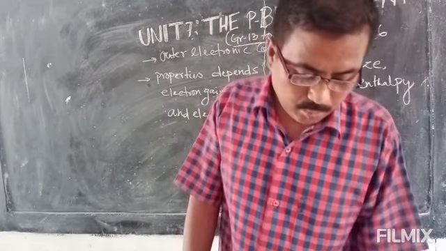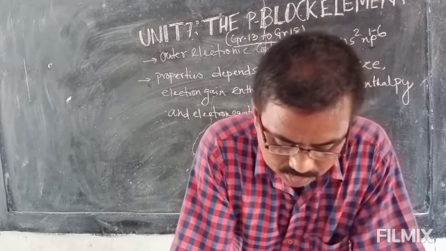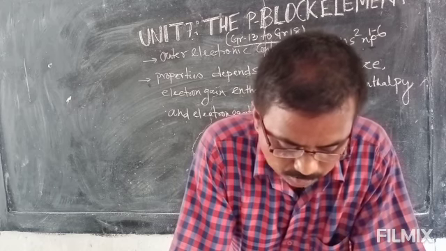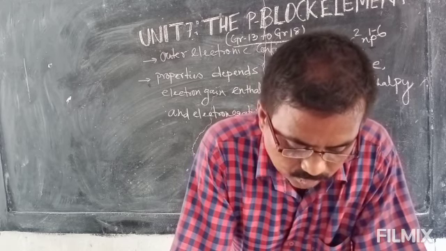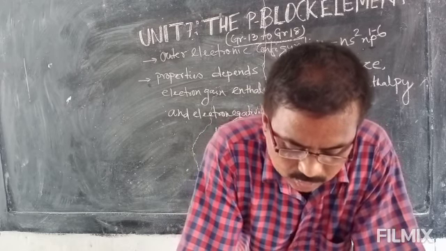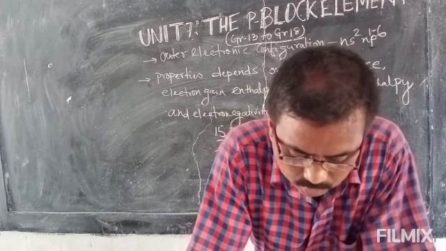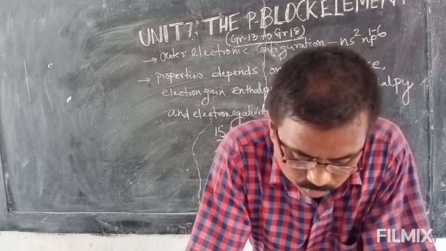However, it does not form compounds in the +5 oxidation state with halogens, as nitrogen does not have d orbitals to accommodate electrons from the other element to form bonds.